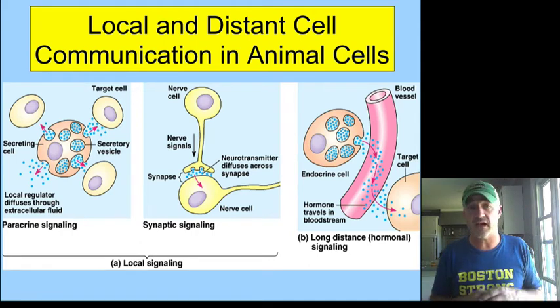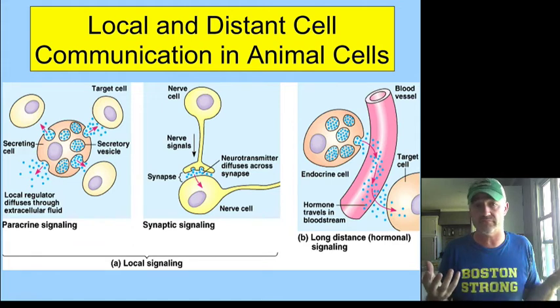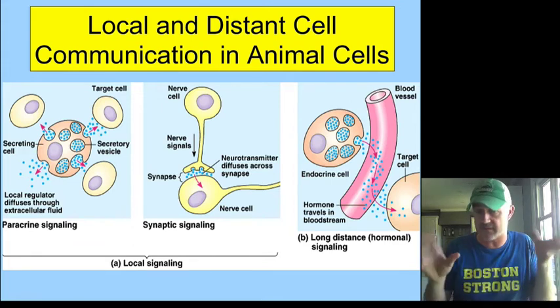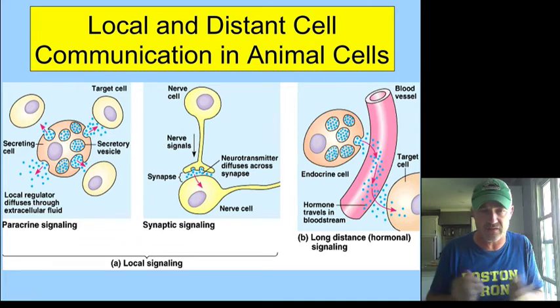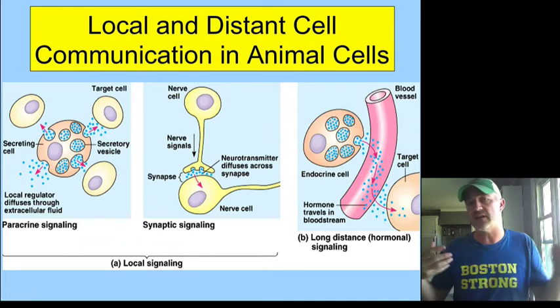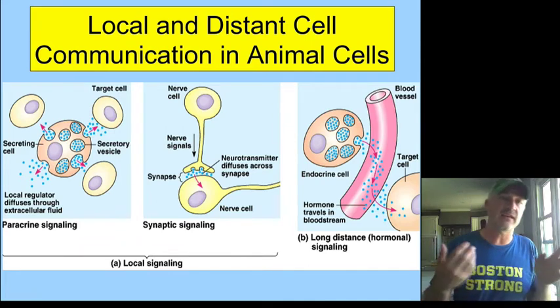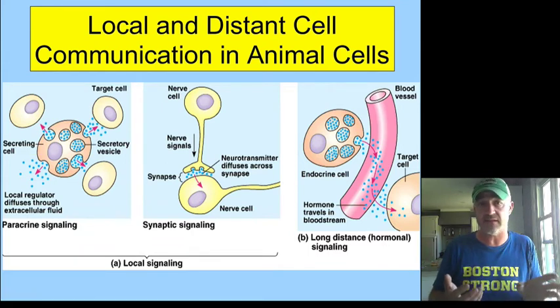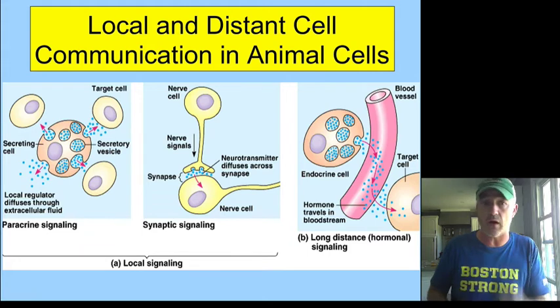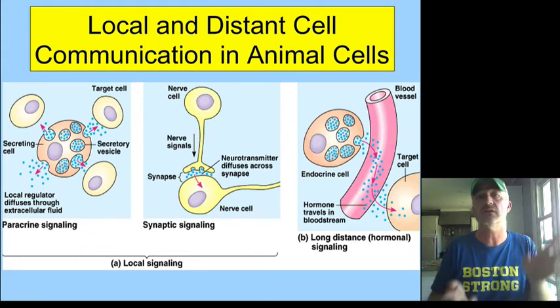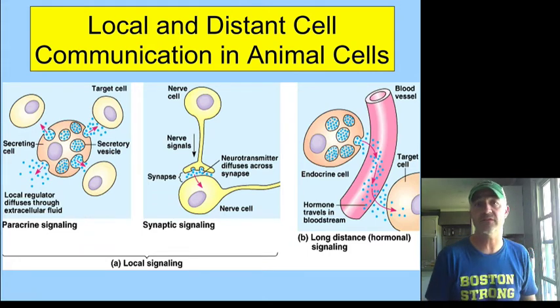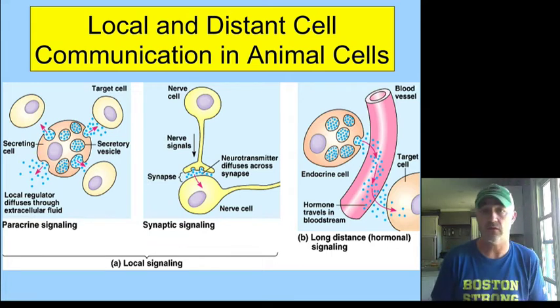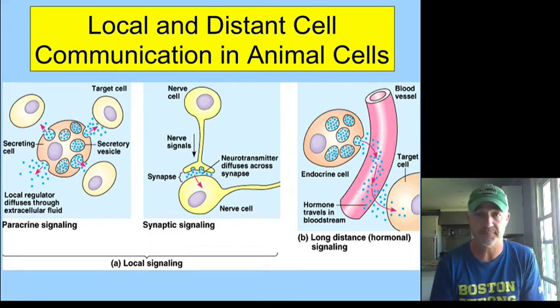Paracrine is a cell releasing a hormone or some type of neurotransmitter or some type of ligand, let's just say, and it can act on the cells that are very close. Again, any cell to receive the signal is obviously going to have to have the receptor, and that, again, is the key thing here. Anything with signaling, you always have to have the receptor if that cell is going to be able to have a particular response to those particular signals.